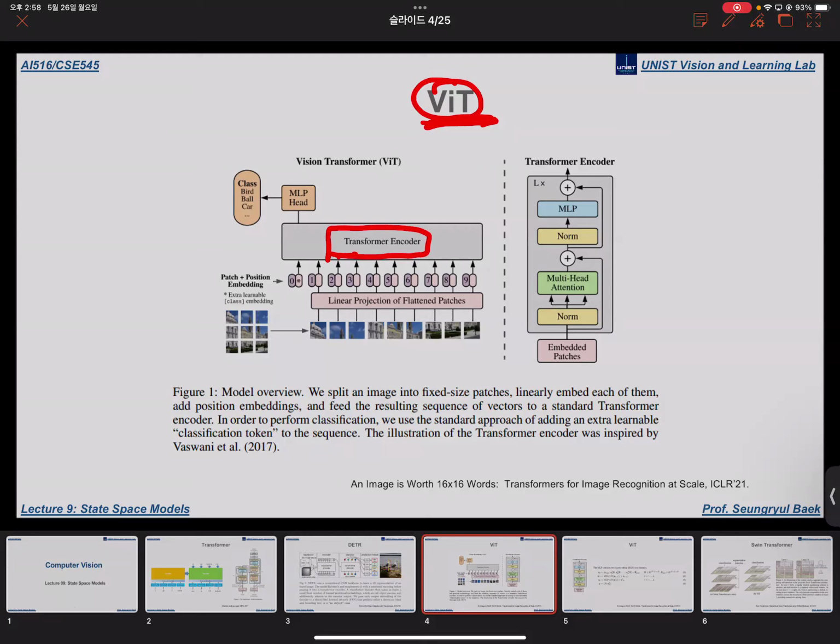Previously in DETR, we involved the CNN architecture and first extracted image features as a one-dimensional vector and applied positional encoding, and then applied this feature instead of the raw images as the input to the transformer encoder.